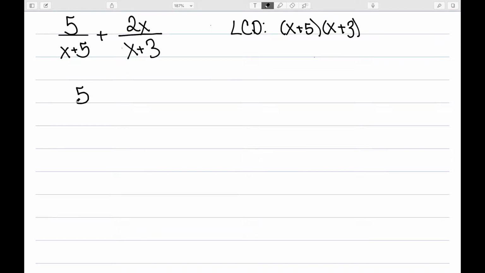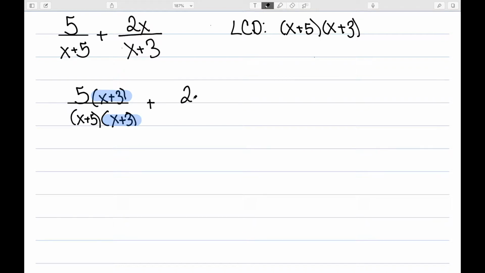If I look at my first term, I have a 5 over x plus 5. To make the denominator look the way I want it to, I need to put an x plus 3 on the denominator. And if I add this thing to the denominator, I also need to put it in the numerator, so that it actually does cancel back to get where I started.